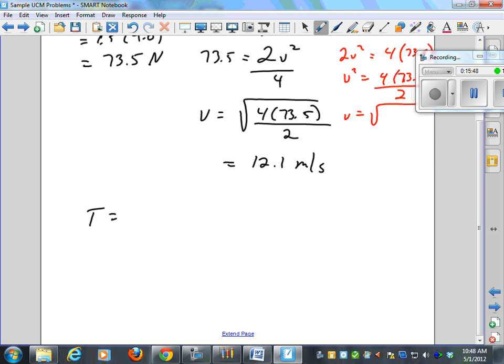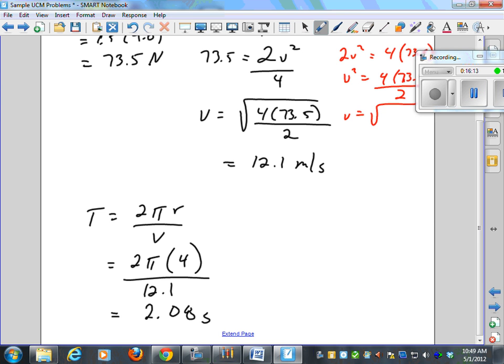I think we've got T equals 2 pi R over V, right? So 2 pi, the radius was 4, and our velocity 12.1. I get 2.08 seconds.